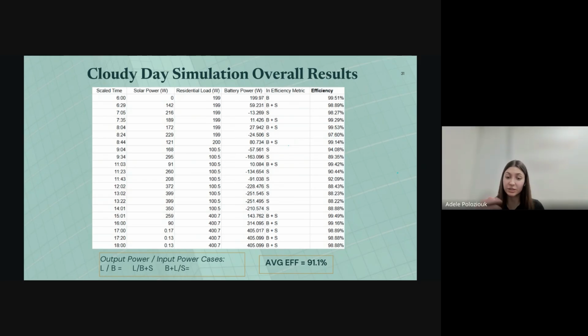Overall, additionally, the inverter also seems to be less efficient when simulating a cloudy day rather than a sunny day. I came to the conclusion that this is due to the sporadic power input from the solar array panel, and that the inverter may have a harder time producing efficient power based on the sporadic input.